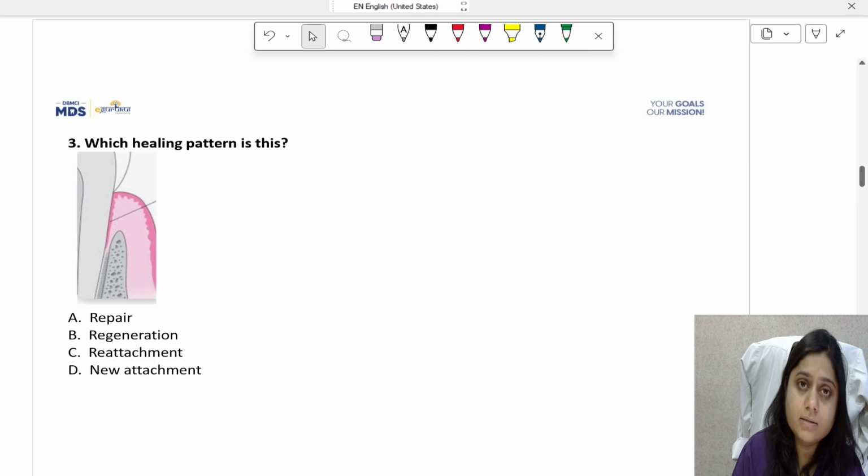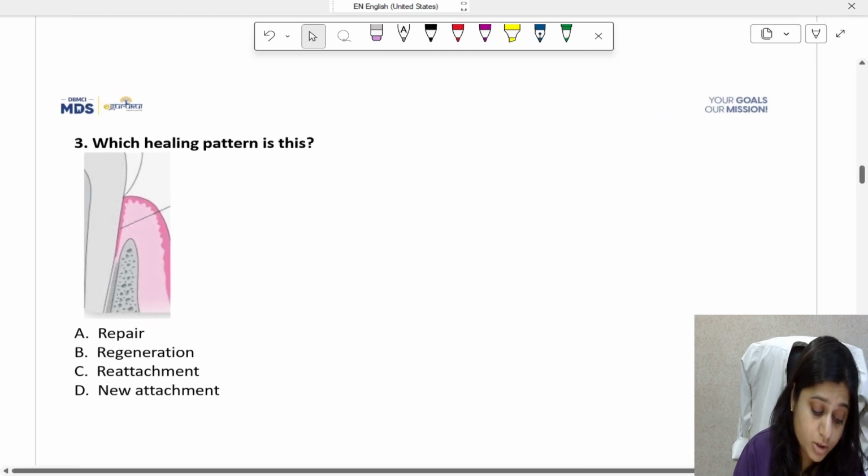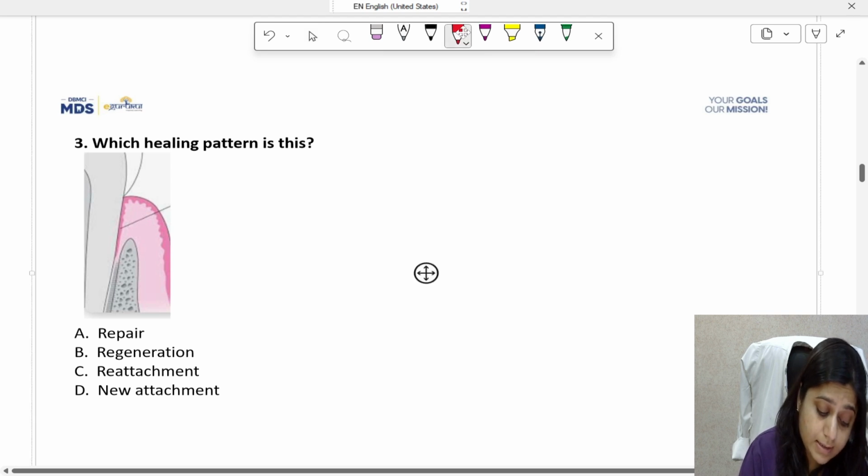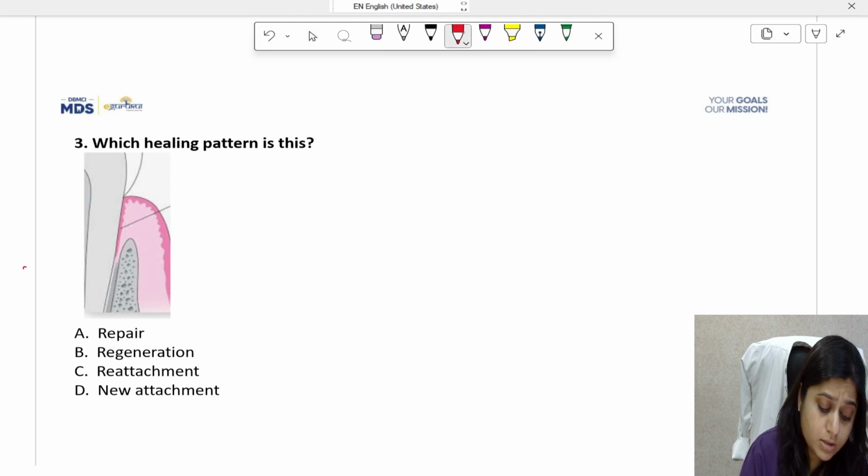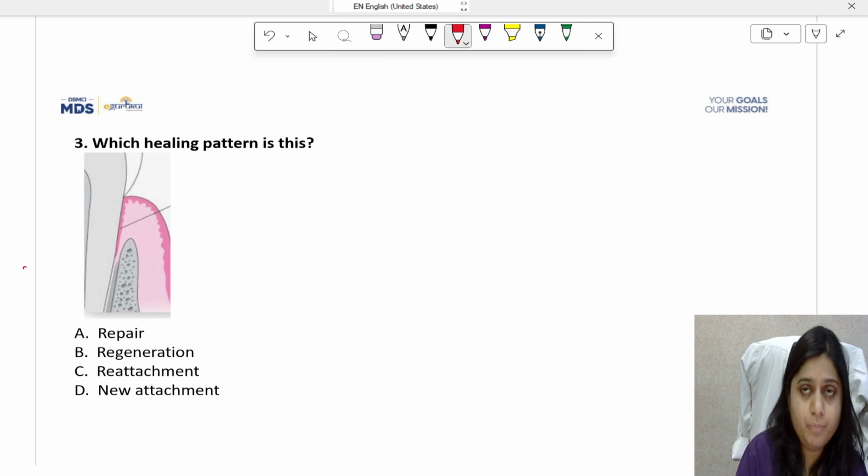Now the next question. Which healing pattern is seen in the below image? In this image, you can see the gingival epithelium, which migrates from above into the connective tissue. Epithelial cells are the most rapidly progressing cells.